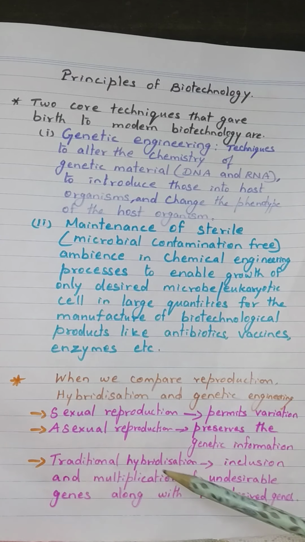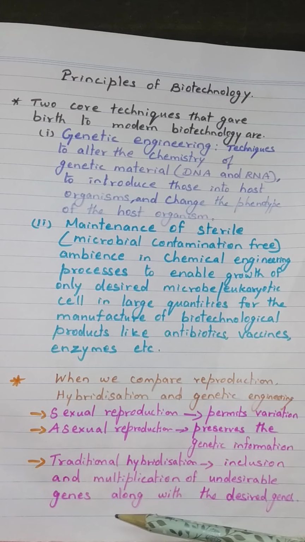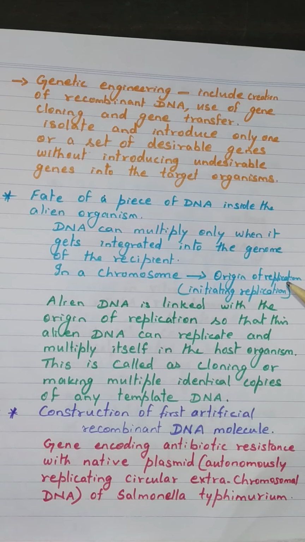In traditional hybridization, there is inclusion and multiplication of undesirable genes along with the desirable ones. When we multiply the desirable genes, the undesirable genes also will be multiplied. But we need only the desirable genes. This drawback is overcome in genetic engineering.